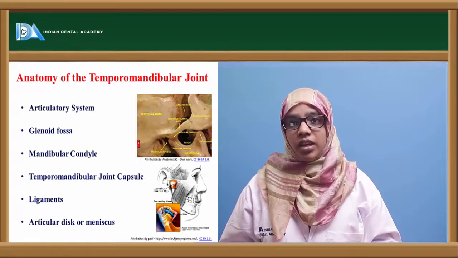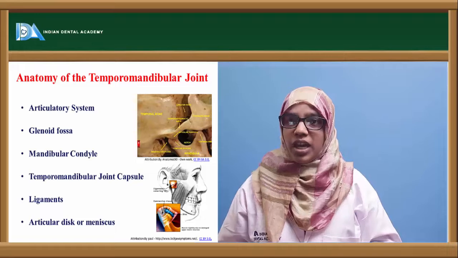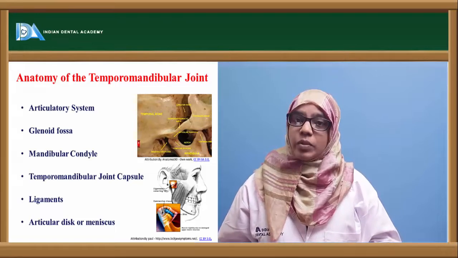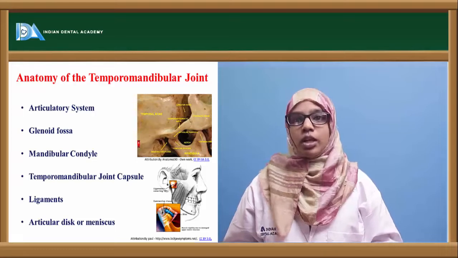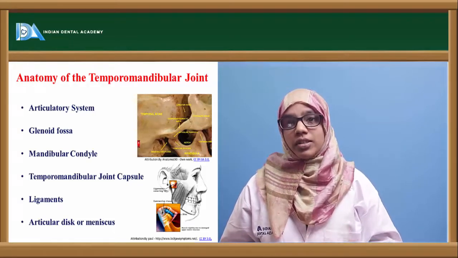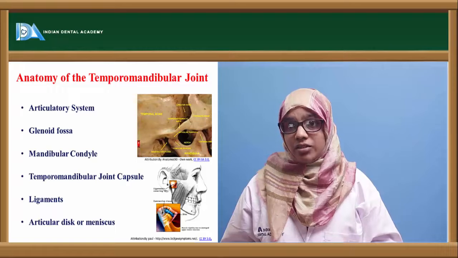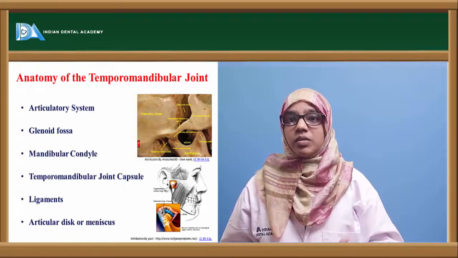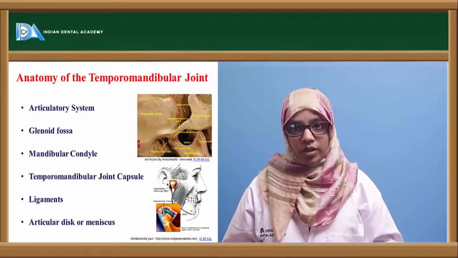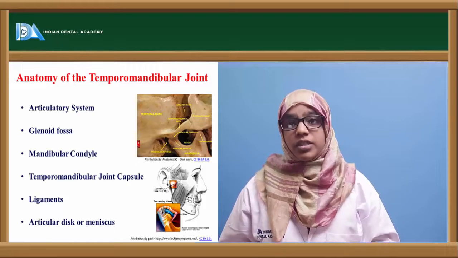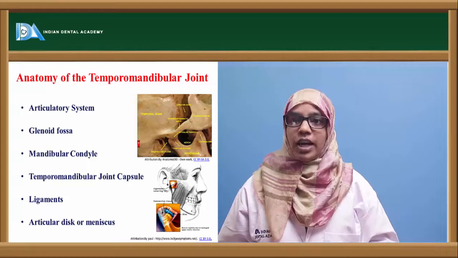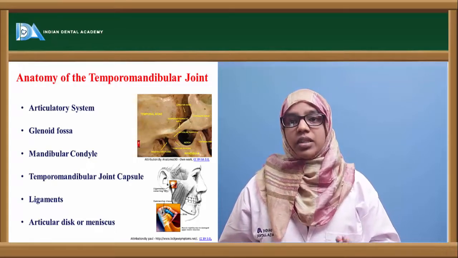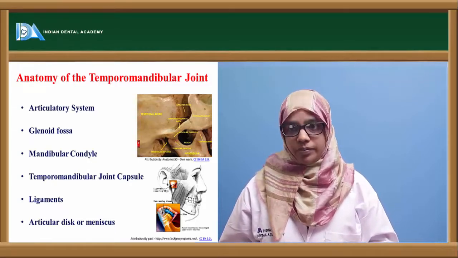The other accessory ligaments are the sphenomandibular ligament and the stylomandibular ligament. Sphenomandibular ligament arises from the spine of the sphenoid and is attached to the lingula. The surgical importance is that the internal maxillary artery and auriculotemporal nerve lie between the mandible and the sphenomandibular ligament. The next ligament is the stylomandibular ligament, which is attached from the styloid process to the angle of the mandible. It is nothing but a thickening of the deep cervical fascia.